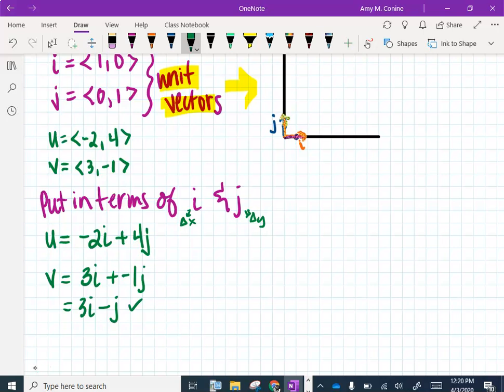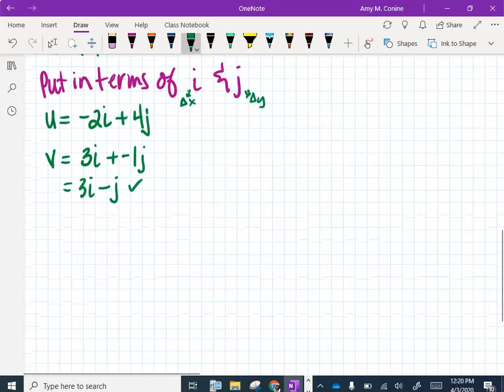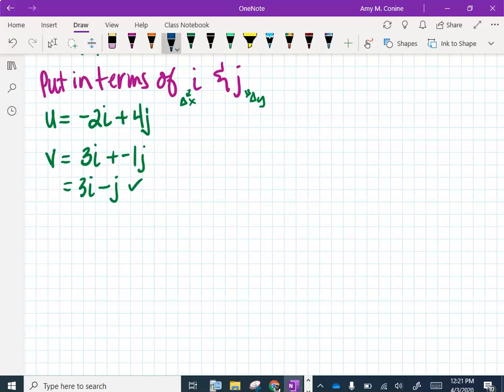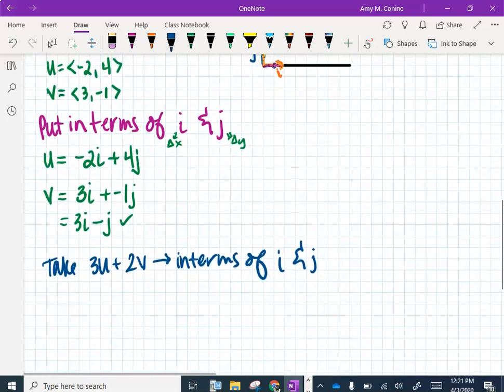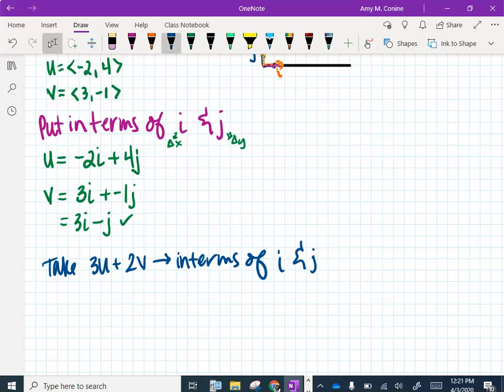So we're going to do one last example, kind of culminating everything that we've done. We're going to take 3u plus 2v, and we're going to put it in terms of i and j. So using the same vectors u and v, the same in terms of that we did in this step, we're just going to set it up as an addition problem with scalars.